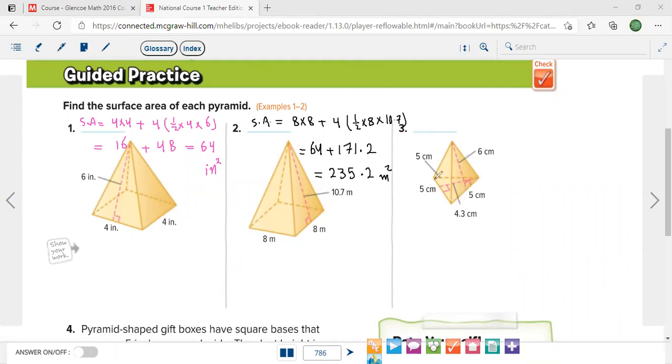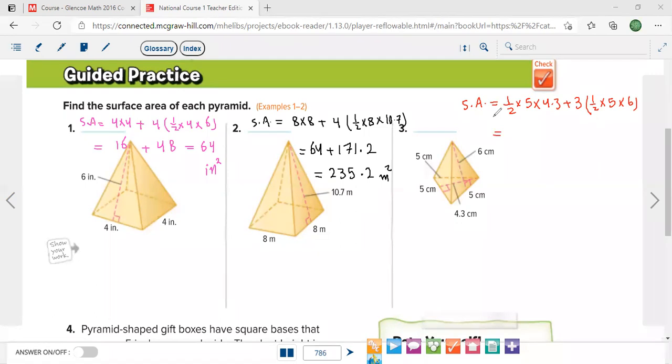Now, this one is a triangular pyramid, so the base is shaped like a triangle and there are three lateral faces. So surface area equals area of the base. The base is a triangle, so half times the base length of the triangle, which is 5, and the height length of the triangle, which is 4.3, plus 3 lateral faces. One face shaped like a triangle, so half times its base, which is 5, times its height, which is 6.